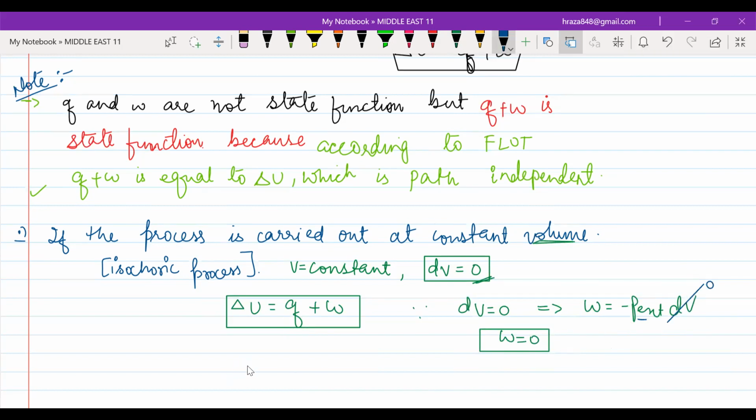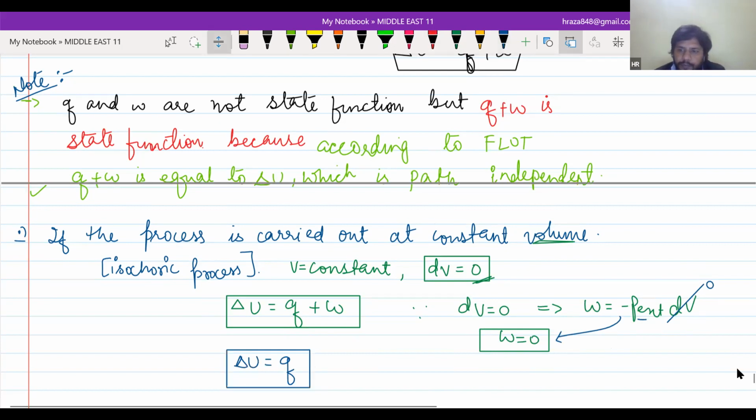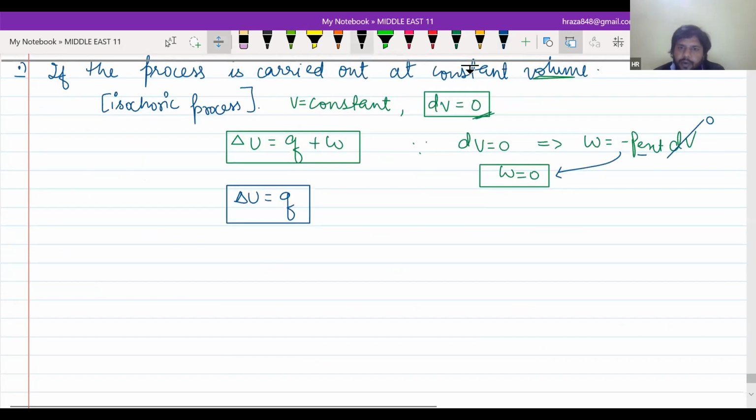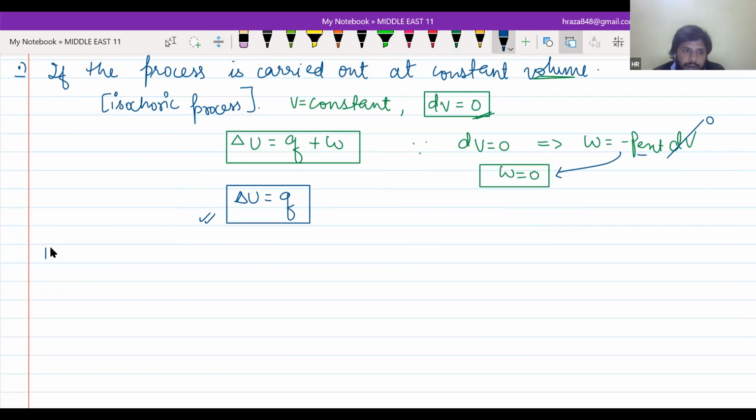Now that means delta U equals only Q, right? This is very important. Delta U equals Q. Is there any problem till here? No, sir.